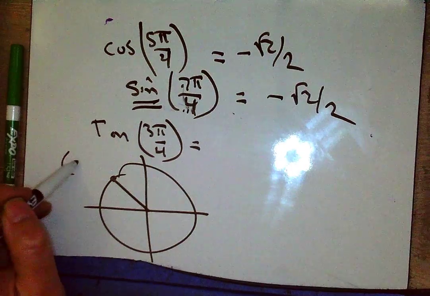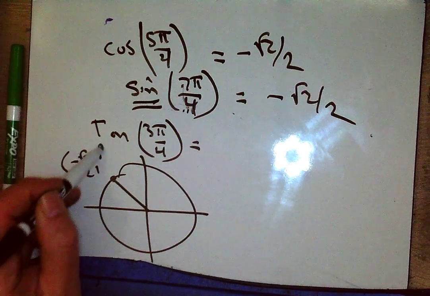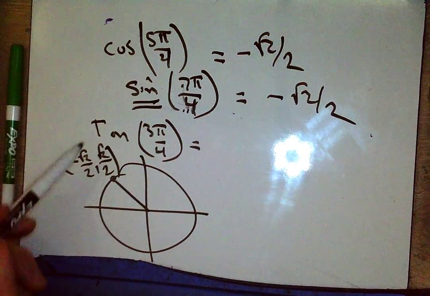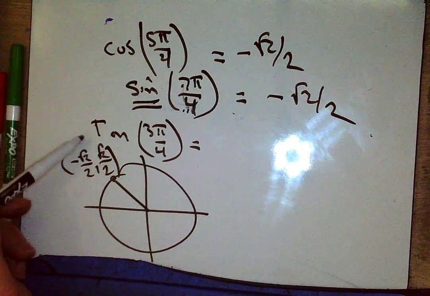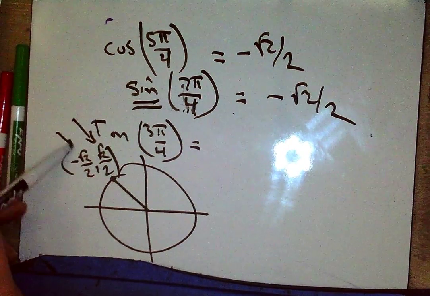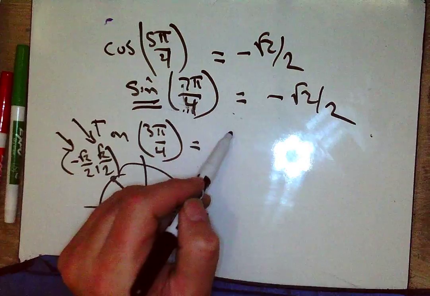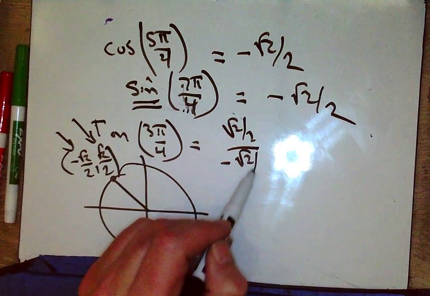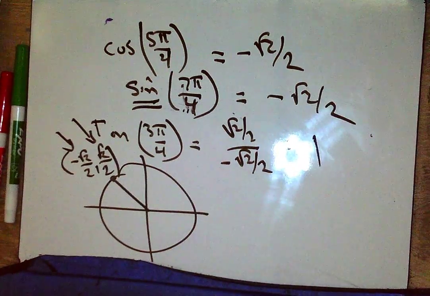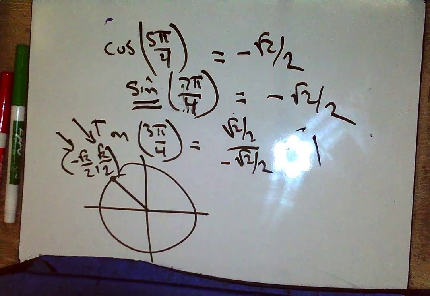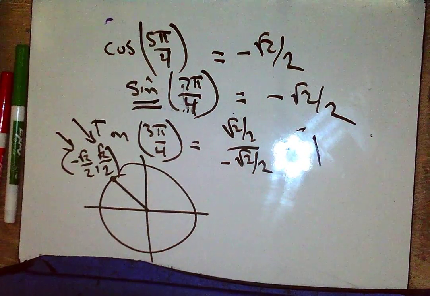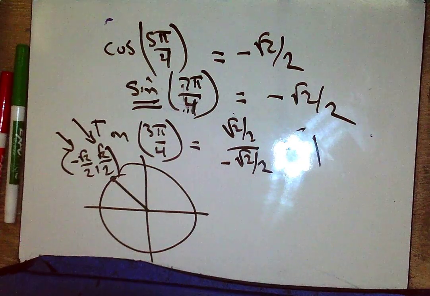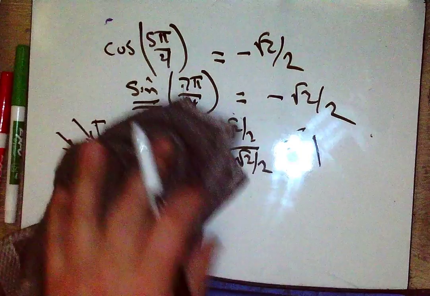It's got the ordered pair of negative root 2 over 2, coming over root 2 over 2. And I know the tangent is the y value over the x value. So that's going to be root 2 over 2 divided by negative root 2 over 2. I should end up with negative 1. The tangent of 3 pi over 4 is negative 1.